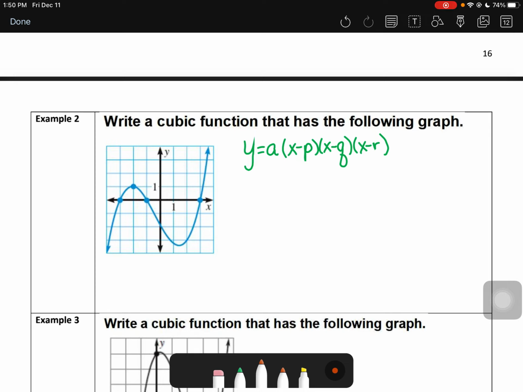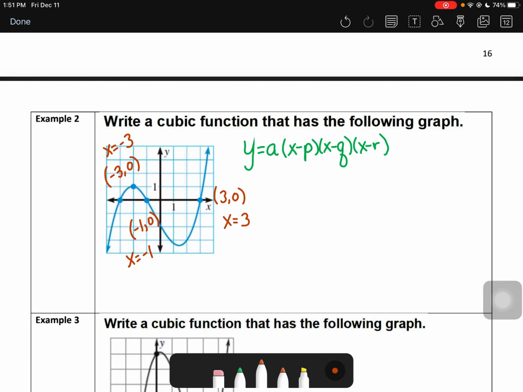If we take a look, our first x-intercept is at -3, 0. Our second x-intercept is at -1, 0. And our third x-intercept is at 3, 0. So we know that x is equal to -3, x is equal to -1, and x is equal to 3.